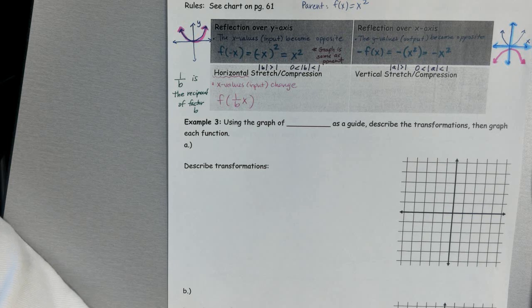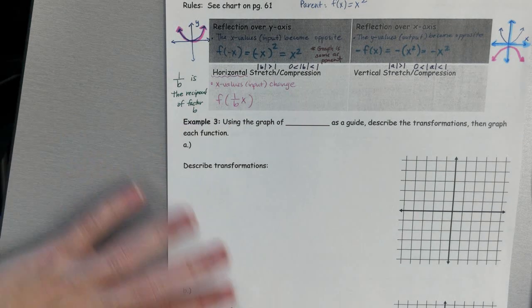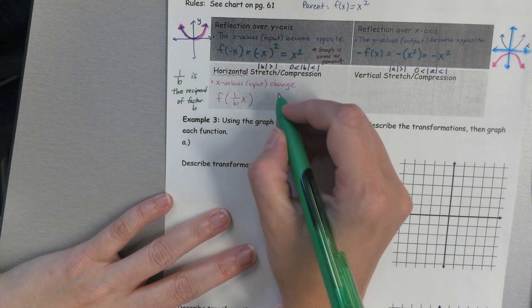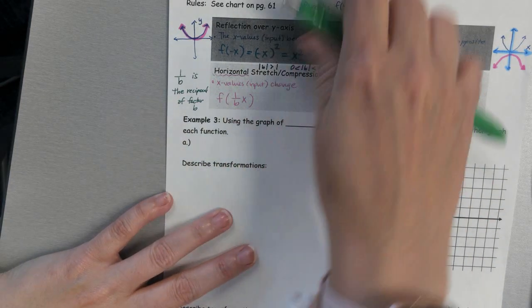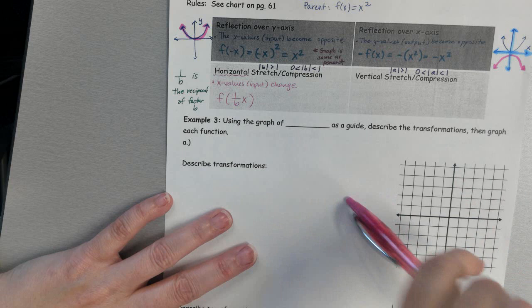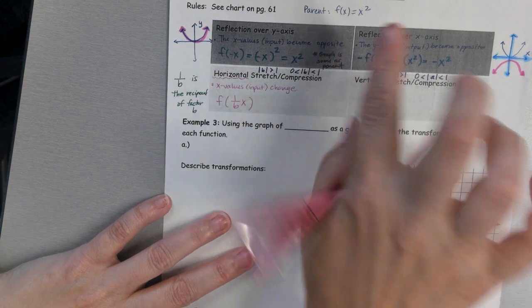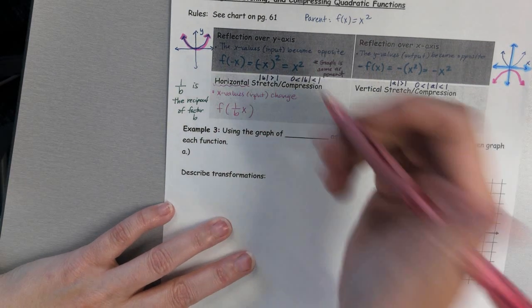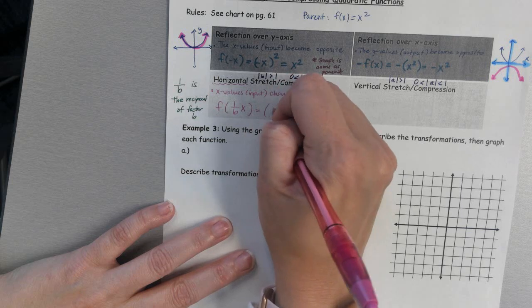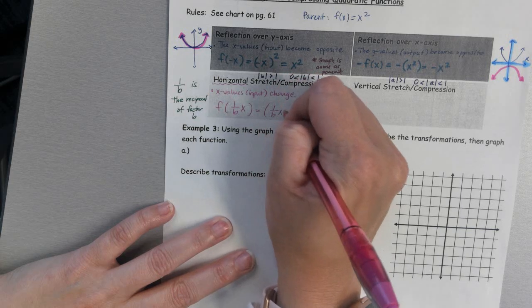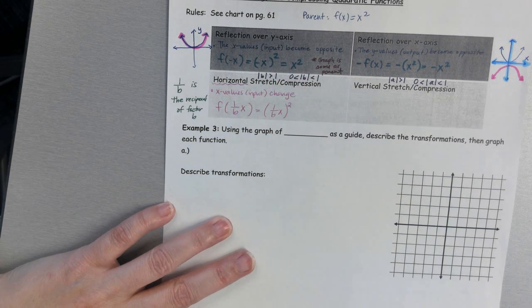Okay, and whether it's a stretch or compression, that's being applied. Alright, now when you have this in a quadratic function, we're going to remember one of our rules of exponents, which is that if you have 1 over b of x, if you plug that into your parent function, this becomes 1 over b x, that quantity squared.